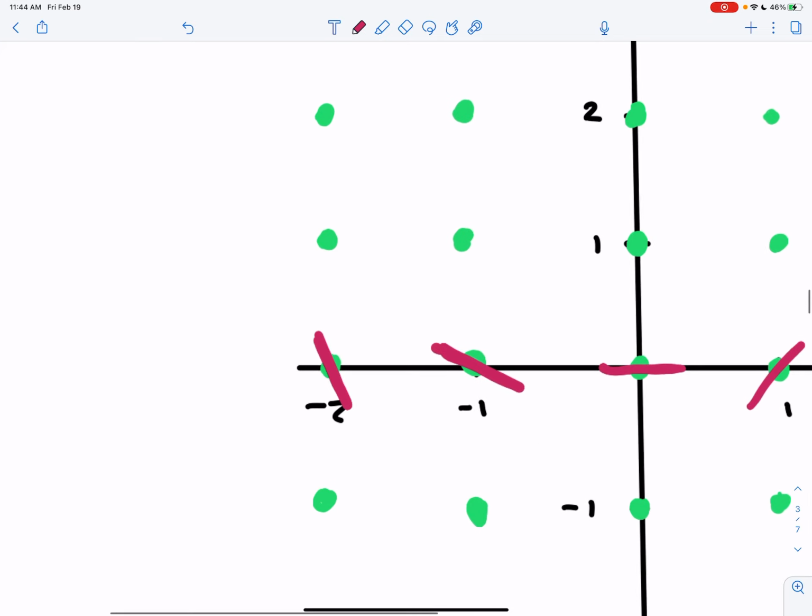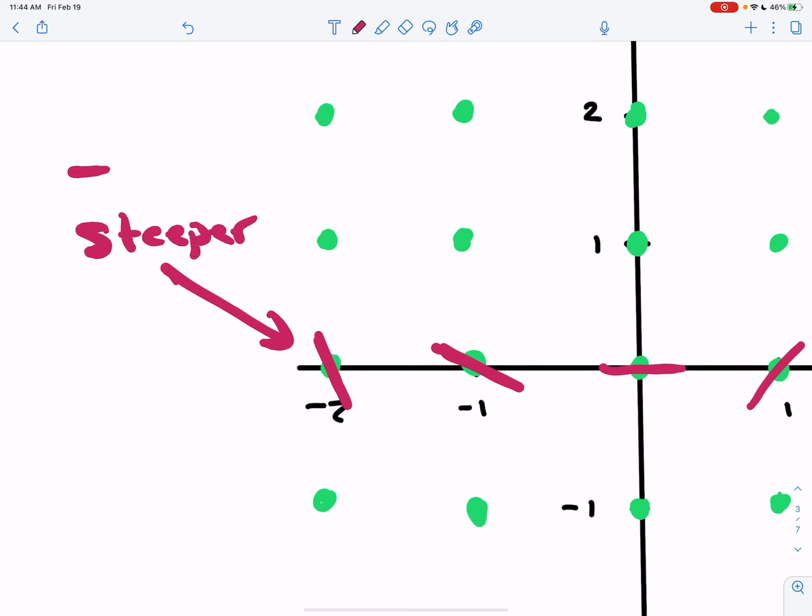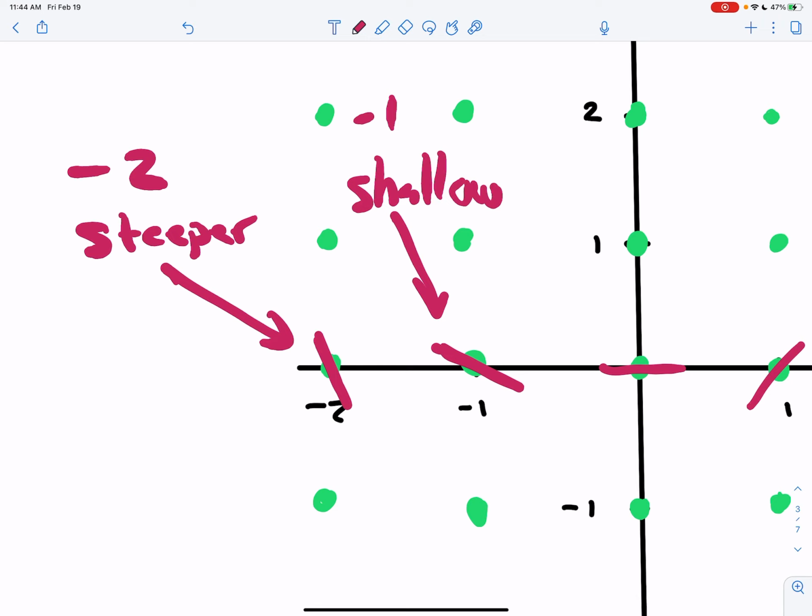Notice how this one here is steeper because it was a negative 2. This one is more shallow because it was a slope of negative 1. It doesn't matter how you draw it as long as one is relatively steeper than the other. So it's all relative.